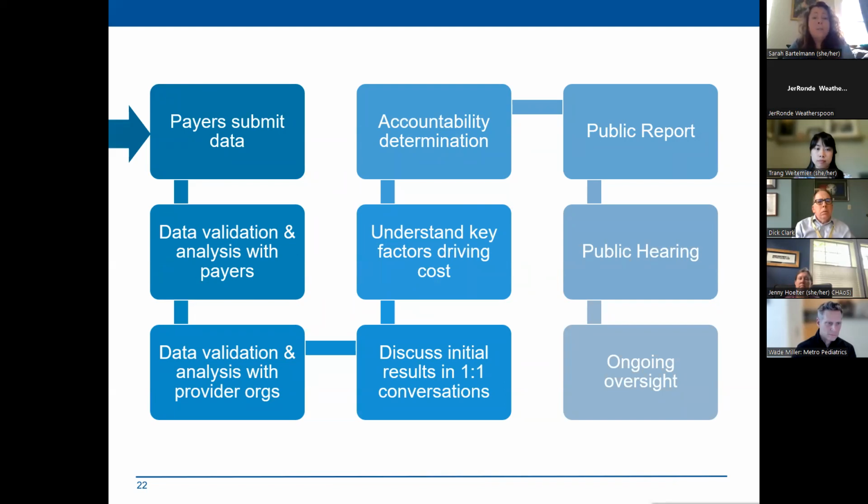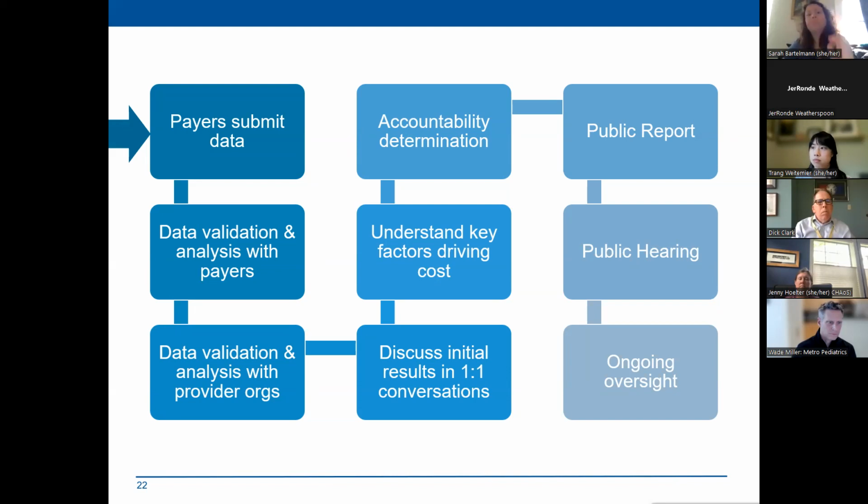That will involve reviewing the data, understanding, validating, checking that it's all correct, that we all agree with what we're finding, looking at those initial results, understanding those key factors driving costs, coming to what we're calling the accountability determination. Did an organization, did a payer, did a provider meet the target or not? For what reasons? And then leading out into public reporting and ongoing oversight.